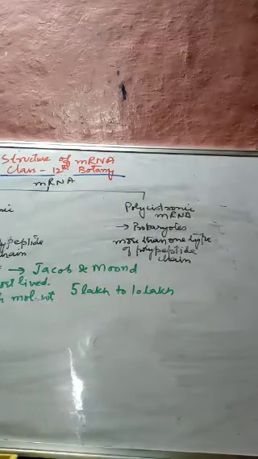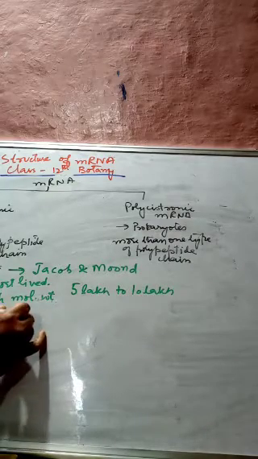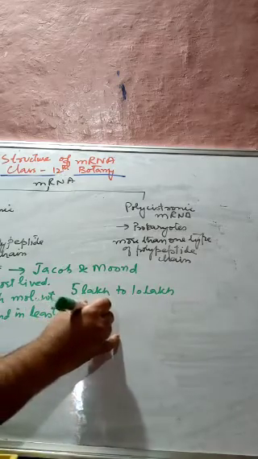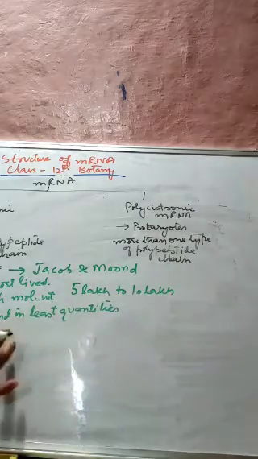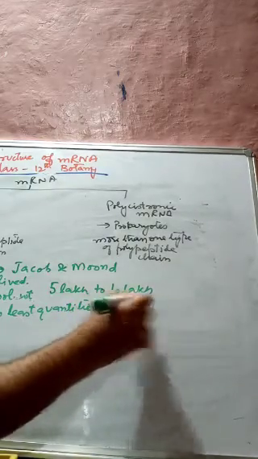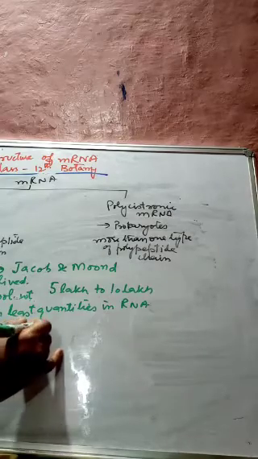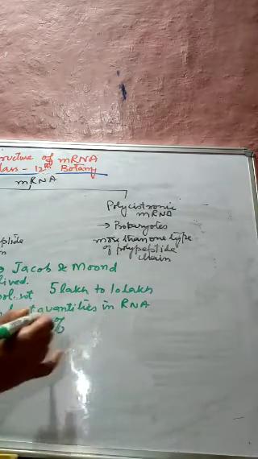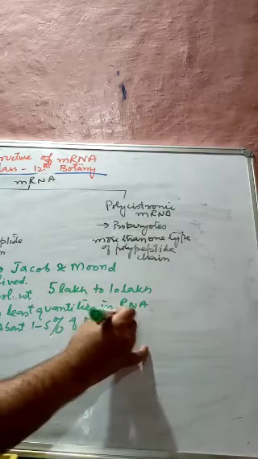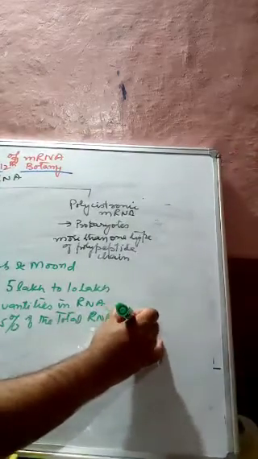Third, it is found in the least quantities among RNAs, about 1 to 5% of the total RNA is mRNA.